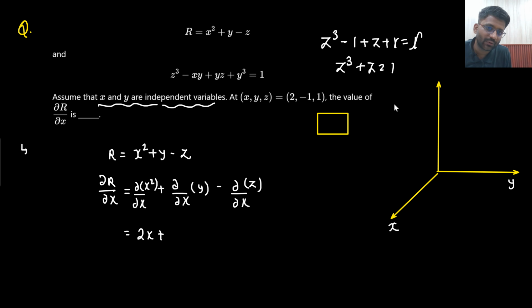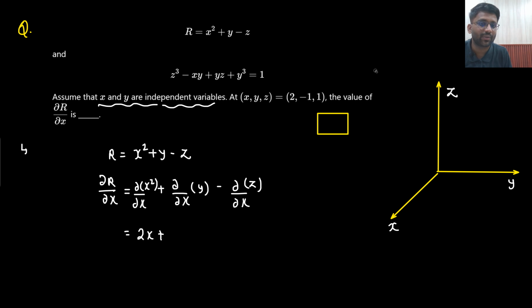Z cube plus z equals 1. So whatever value you get, z will take some value. So x and y can take independent values. X could be anything, y could be anything. Based on that, z will be taking some value. What does that mean? Z is a function of x comma y, where x and y are independent variables.